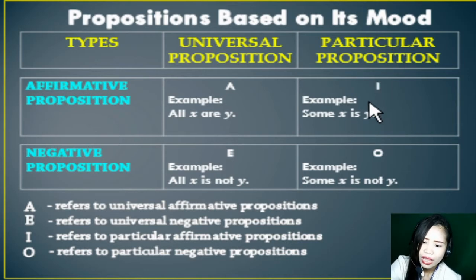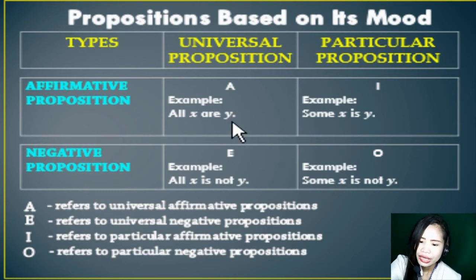But when we say universal, we consider everything or all of them. Negative proposition, for example, all x is not y. Some x is not y in particular proposition. So the difference between universal and particular: in universal, you're considering everything or all of them, but in particular proposition, you will just select some of them.